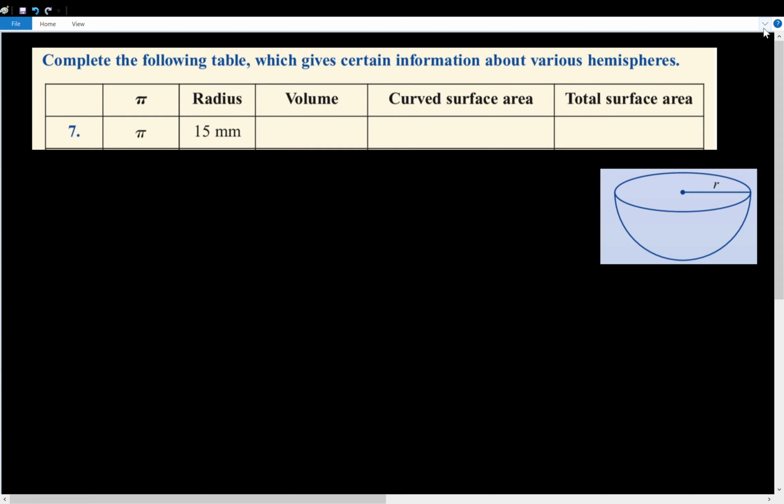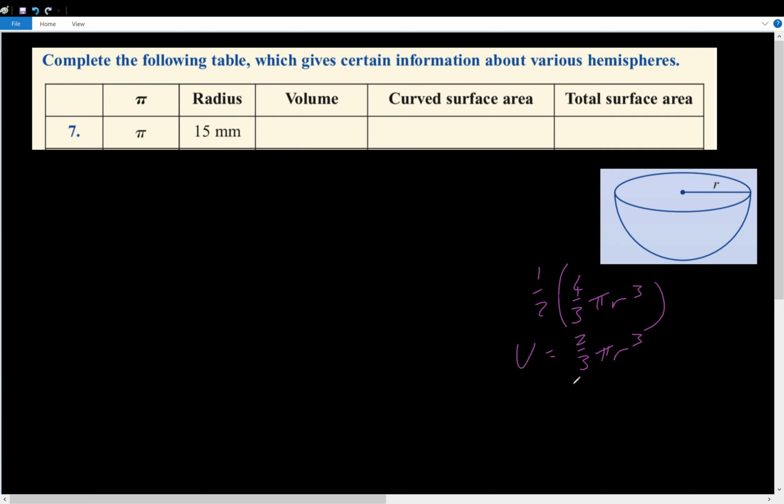So we can actually work out these formulas here. If the volume of a full sphere is 4/3 pi r cubed, then half of that would be 1/2 times 4/3 pi r cubed, which means our volume is going to be equal to 2/3 pi r cubed.